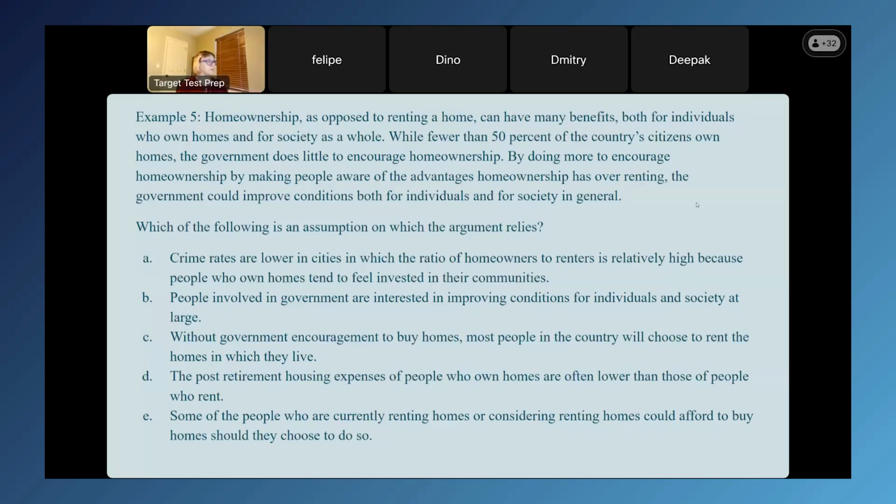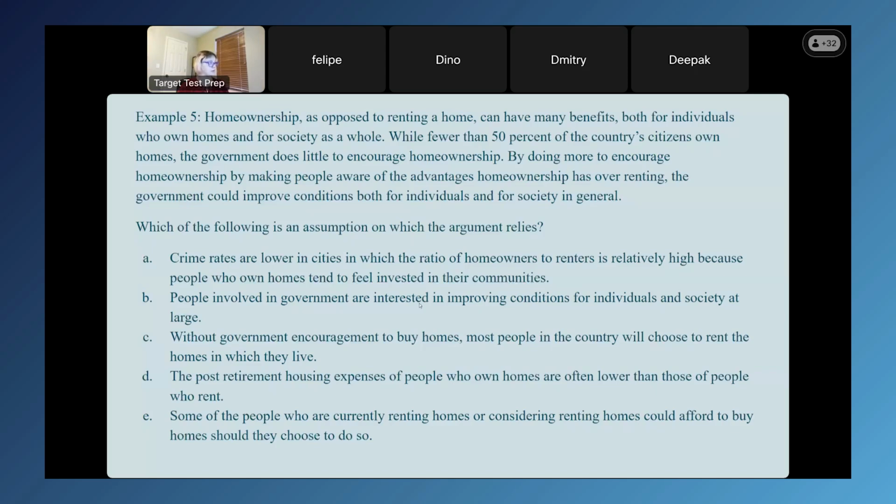So this is a popular trap answer, but pay very close attention to what the conditions of your conclusion are, and sometimes you can rule these out. We don't need to have them interested in improving conditions for the conclusion to be true.